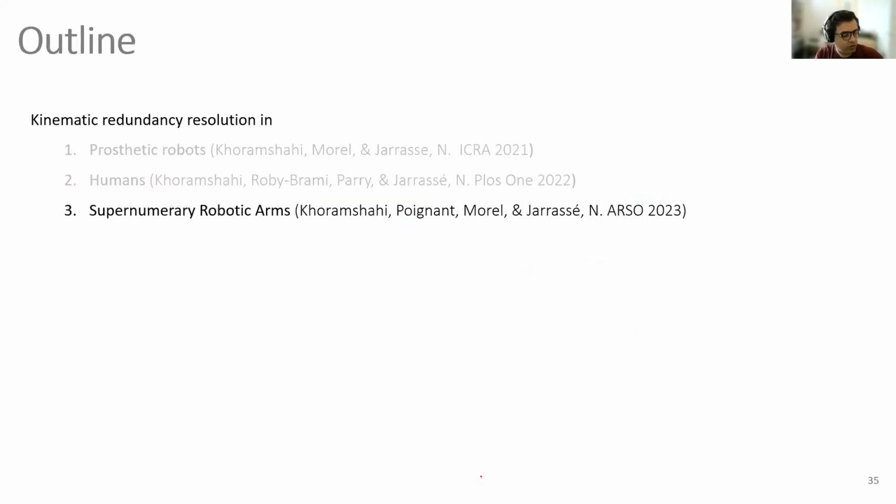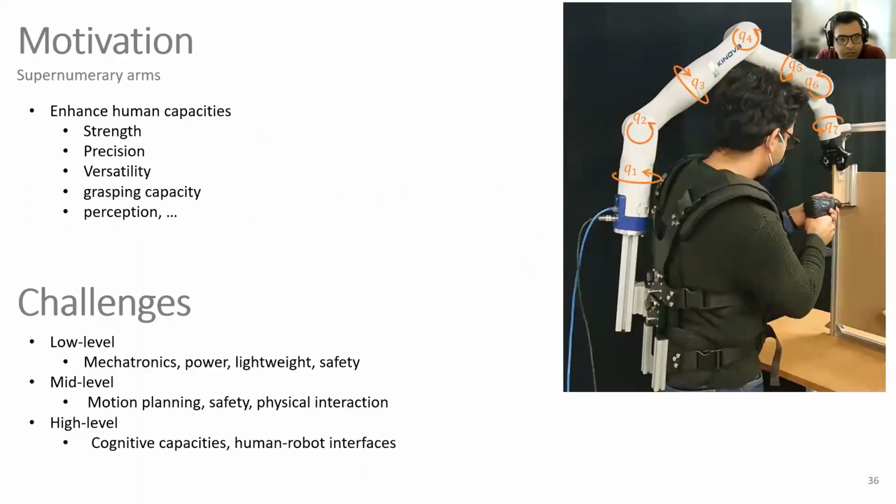So the third part, I don't know how much time I have. I think I have 10 minutes, so I'll try to quickly show the control of a supernumerary arm. The supernumerary arm motivation is that we want to enhance human capacities, like improve human strength or precision or versatility. There are challenges at different levels.